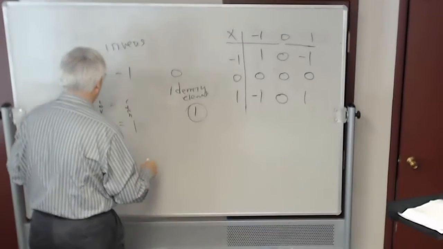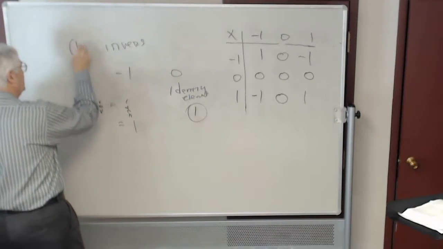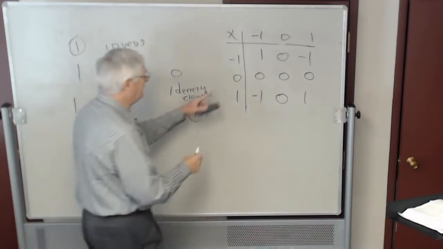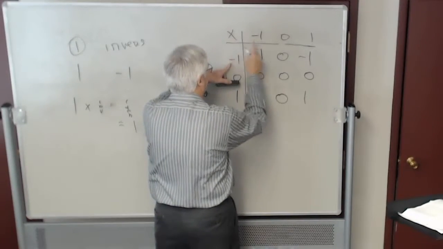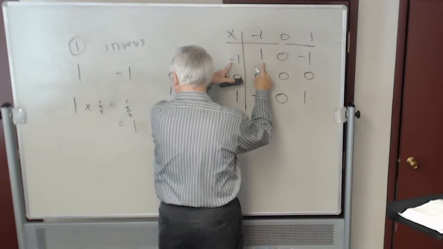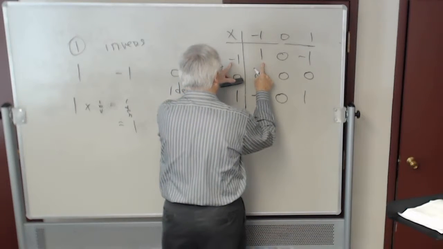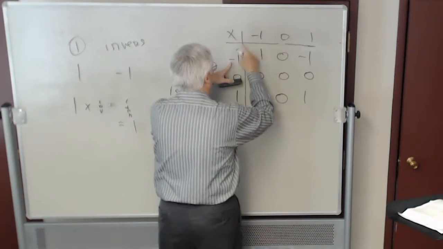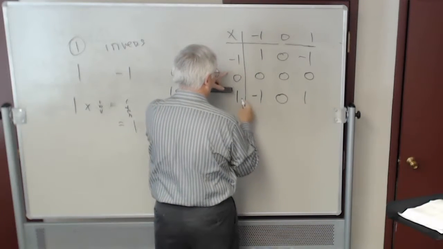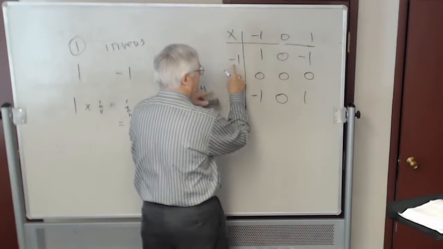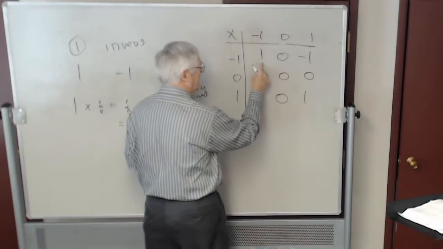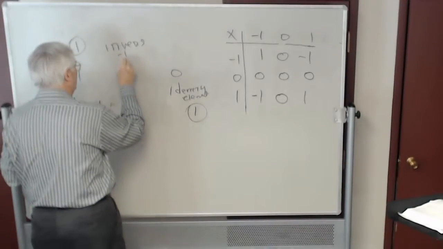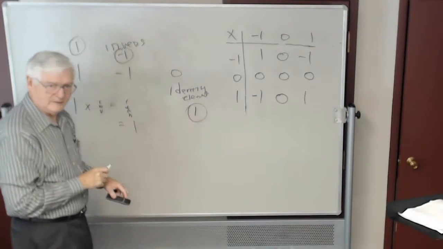So the inverse for 1 is 1. What do I take times negative 1 to get an answer of 1? Here's negative 1. Here are the answers. How do I get this answer? Negative 1. So the inverse of negative 1 is negative 1.